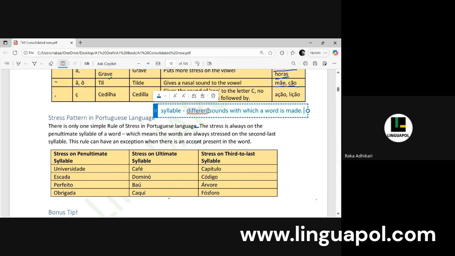Syllables are different sounds with which a word is made. Every word has syllables, and every word can be divided into syllables.